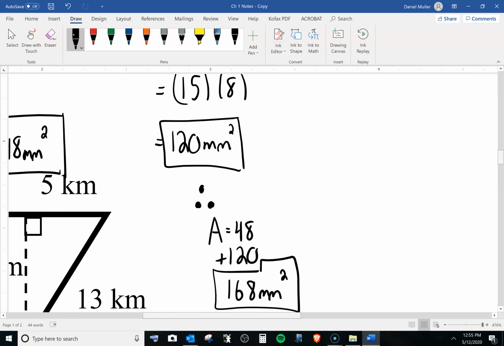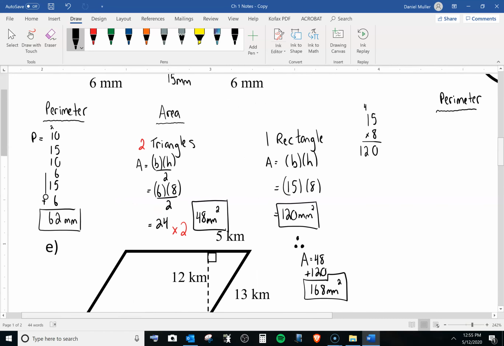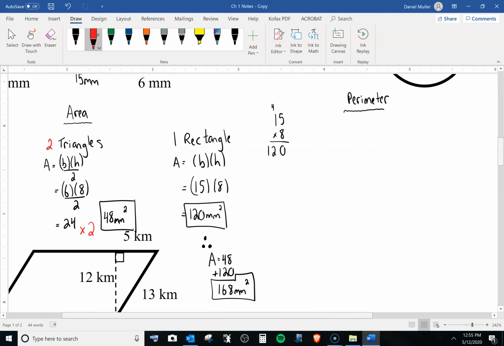So that is my answer. With a composite shape, you have to take the parts. There's a 24 and another 24, which is 48, plus the 120 of the middle rectangle to give you a total of 168. And you can just add them all together.